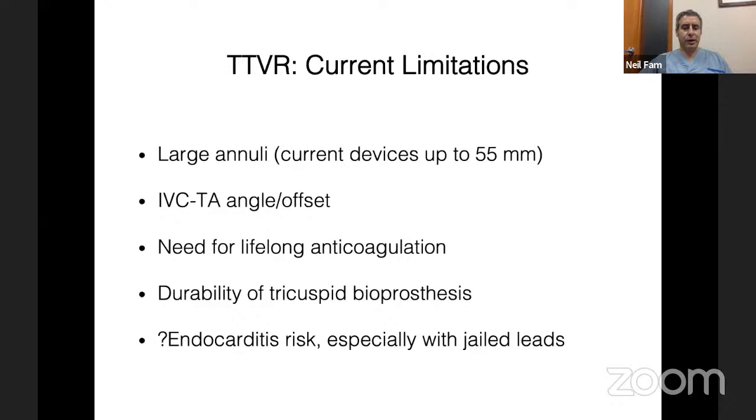There is the issue of the IVC to tricuspid annulus angle and the offset, which may affect the device trajectory. There's the need for lifelong anticoagulation. There's the open question of durability of a bioprosthesis and the theoretical risk of endocarditis, particularly if you're jailing pacemaker leads.